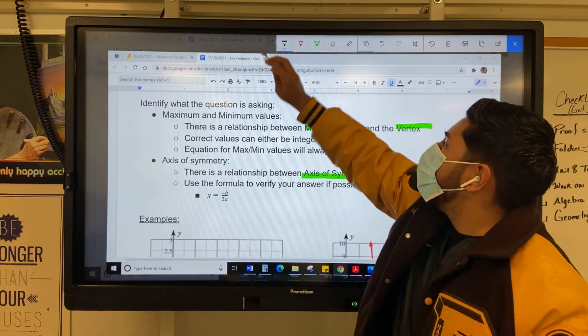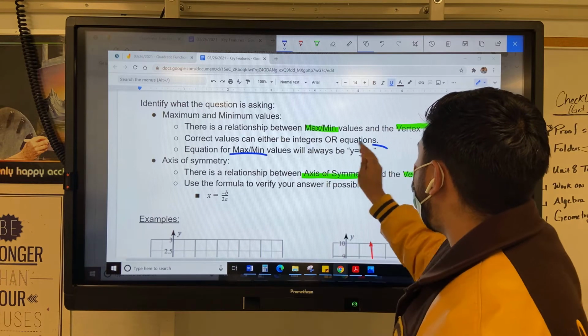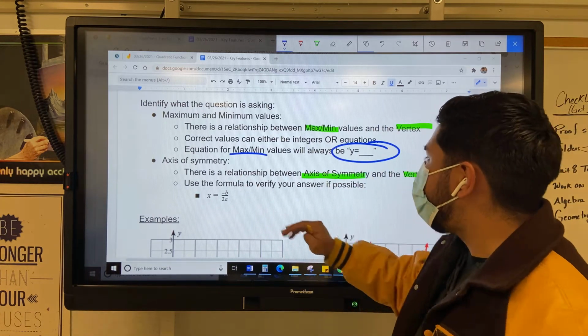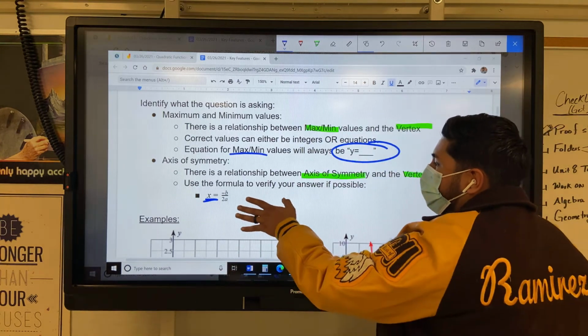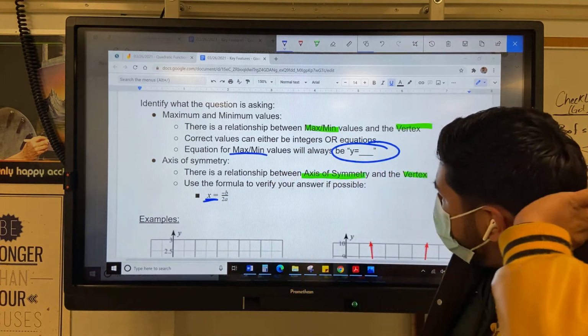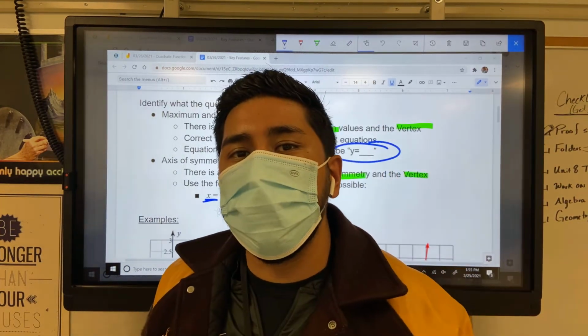One thing to remember, ladies and gentlemen: the max and the min values will always be y equals. Forgot to type this in. The axis of symmetry is going to be x equals. There's a formula that we're going to play with for one problem, but for the most part, if they give you a graph, you should be able to do the axis of symmetry without the formula.